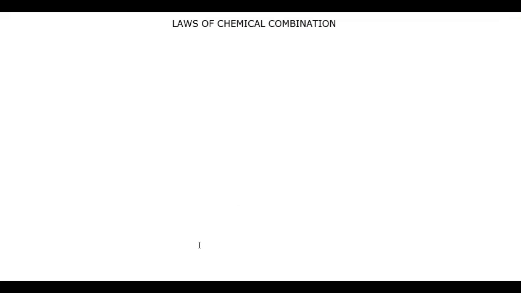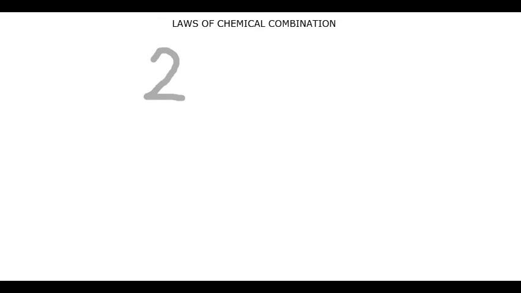There are two main laws of chemical combination. Important, remember that. If I ask you at the end of the term how many laws of chemical combination are there, you've got to answer: there are 2 main laws.